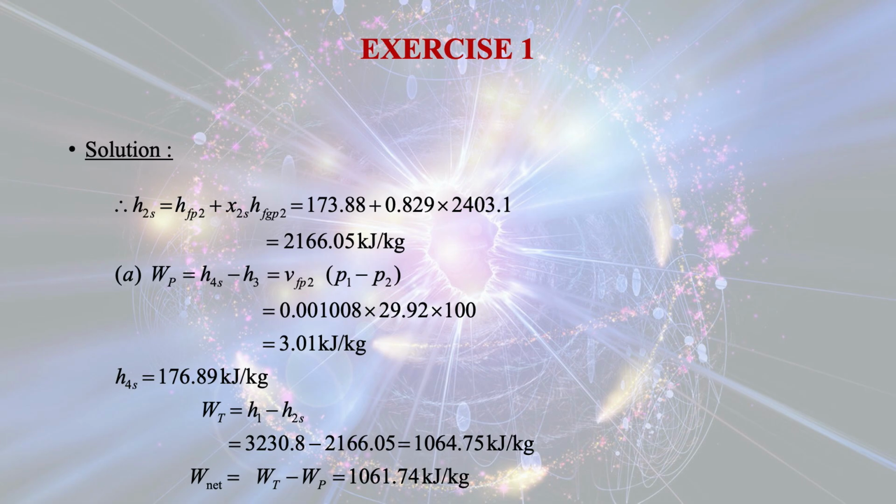Now the pump work, that is WP, is equal to H4S minus H3. So that you can get if you know the specific value for that particular point at 3. That is given for this particular problem, that is 0.001008, and you know very well the pressure difference P1 minus P2, so we can calculate the pump work, that is WP, is equal to 0.001008 multiplied by 29.92 into 100, that comes out to be 3.01 kilojoule per kg.